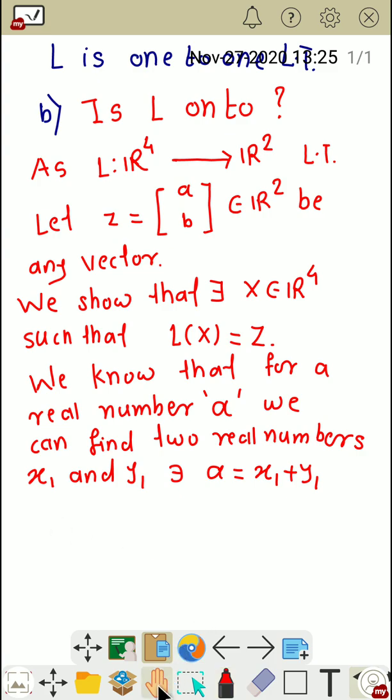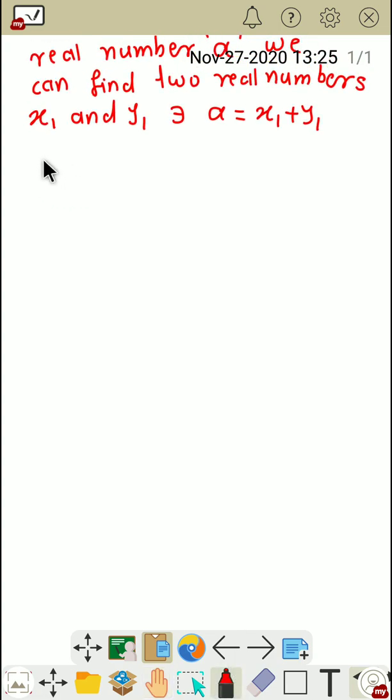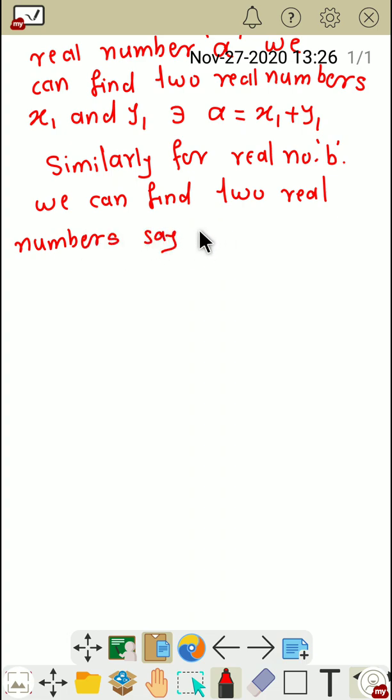Similarly, for a real number b, we can find two real numbers, say z1 and w1, such that b is equal to z1 plus w1.